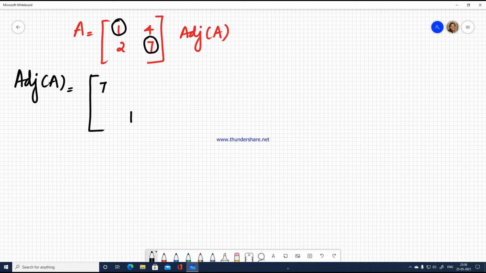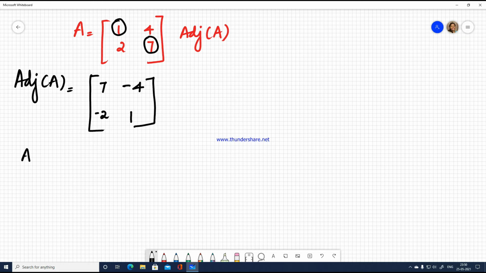For the other two numbers, we don't interchange, we only switch the sign. Since they are positive numbers, we make them negative, that is -4 and -2. So this is the adjoint matrix of a 2 by 2 matrix.